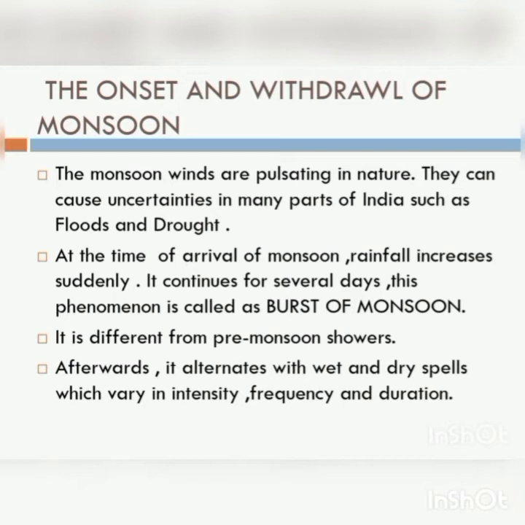It means due to heavy rainfall, some areas may be flooded, whereas due to less rainfall, some areas may be drought prone. For example, in Rajasthan, at the time of arrival of monsoon, rainfall increases suddenly.